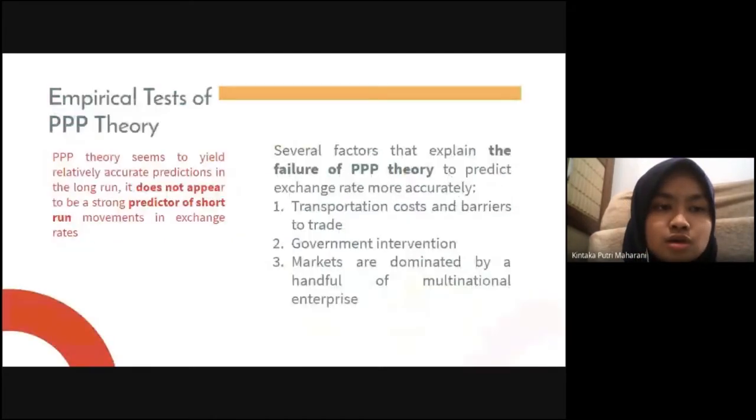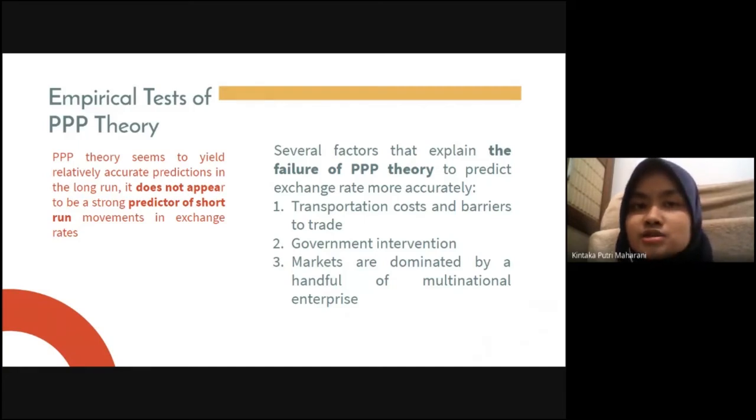And then for the empirical test of triple P theory, they say that triple P theory seems to yield a relatively accurate predictor in the long run, but it does not appear to be a strong predictor of short-run movements in exchange rates, because there are several factors that may explain the failure of triple P theory to predict exchange rates more accurately in the short run.